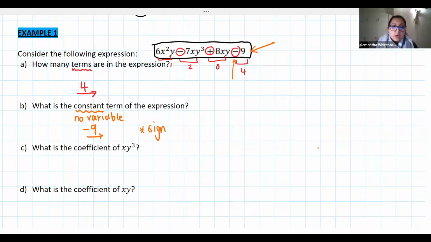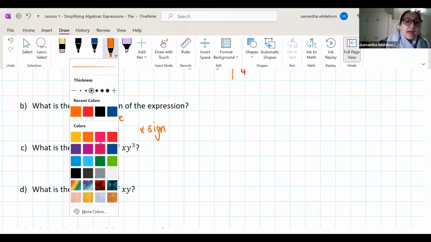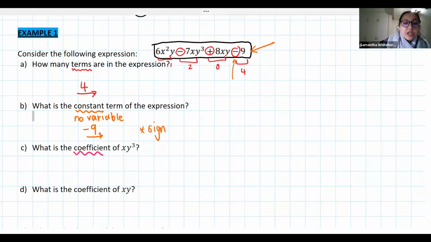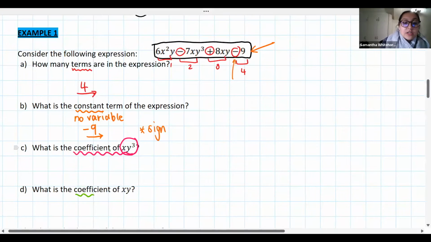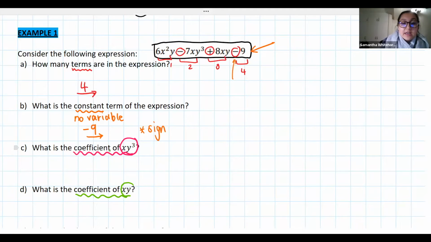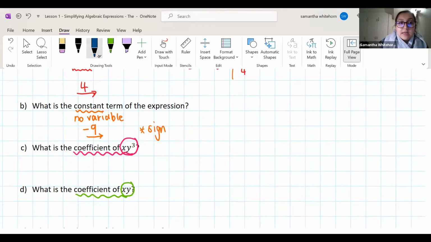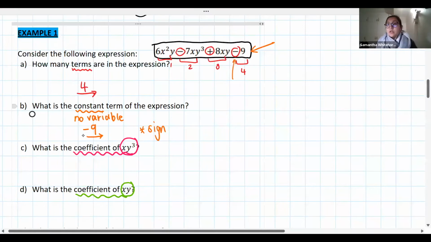Good. Now C and D are asking pretty much the same thing, but we need to read the question carefully. For question C, I have asked you what is the coefficient of xy cubed? And for question D, what is the coefficient of just xy? So in the chat, give me answers for C and D. Remember to number them properly, C and then D, and then we'll chat about why they are the same, but also why they are different.